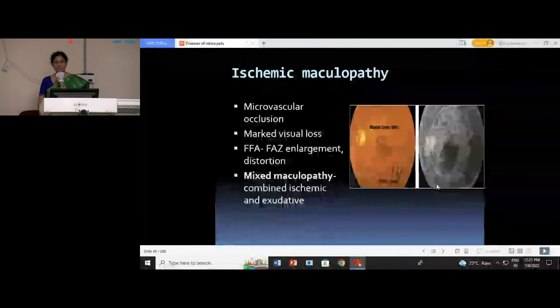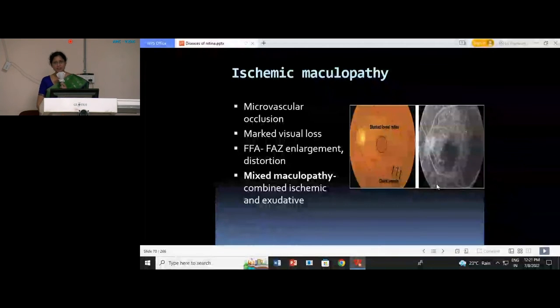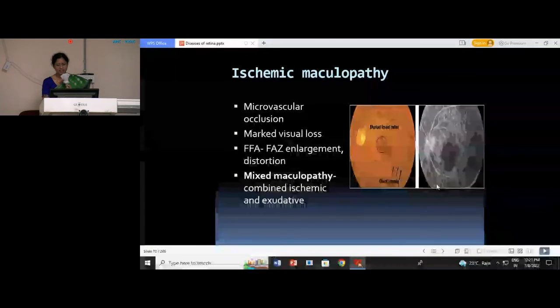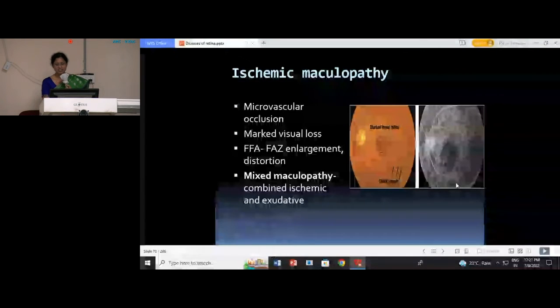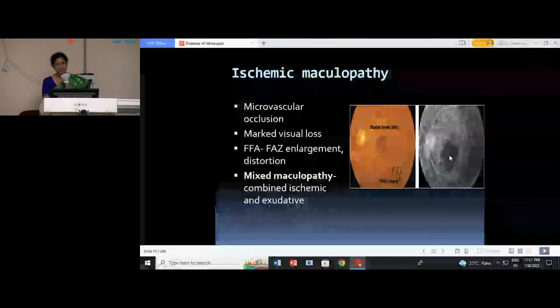So the next one is ischemic maculopathy. Ischemic maculopathy is due to capillary occlusion. Normally on fundus fluorescein angiography, at the center of the fovea we have the foveal avascular zone, which is normally less than 1000 microns.